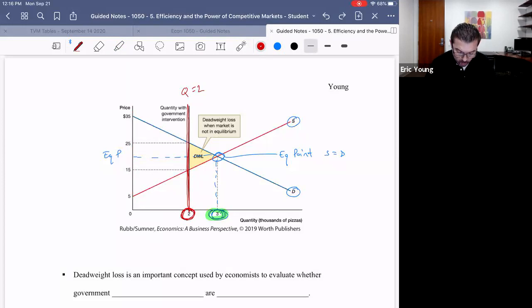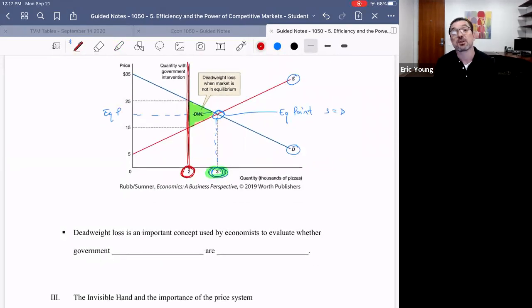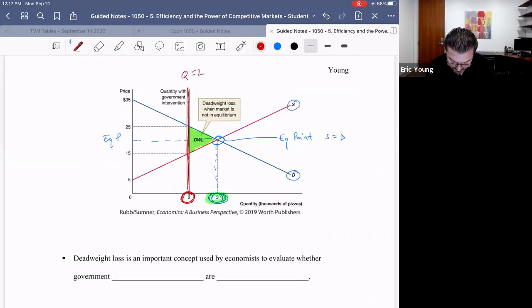The amount by which it's reduced is this triangle here. And that triangle, again, the reduction in total surplus, the piece of the triangle that's being chipped away, that is known as deadweight loss. Notice that deadweight loss is the triangle, and it is bordered by the supply curve on the bottom, by the demand curve on the top, and that the base of it is the difference between how much was produced at equilibrium and this artificial amount.